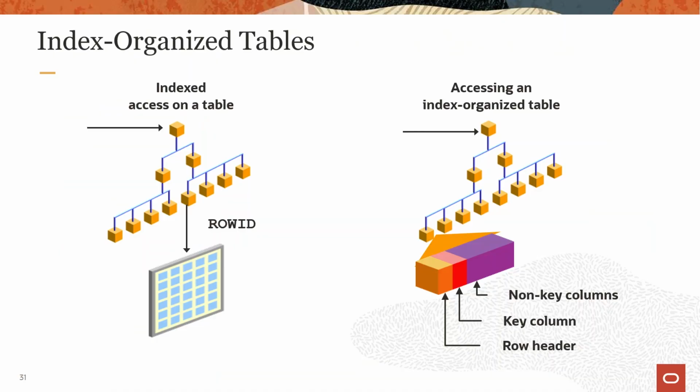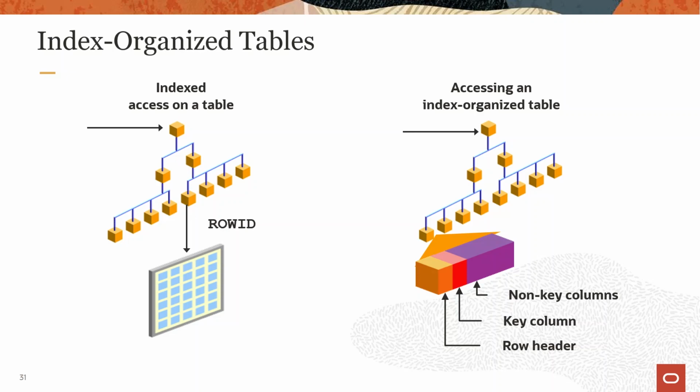Now, index-organized tables is a structure to store data in an index-like structure. So the key values for the table as well as for the index are stored in one and the same segment. So to the application, it looks logically like a table, but underneath, the table data is stored in an index-like structure.